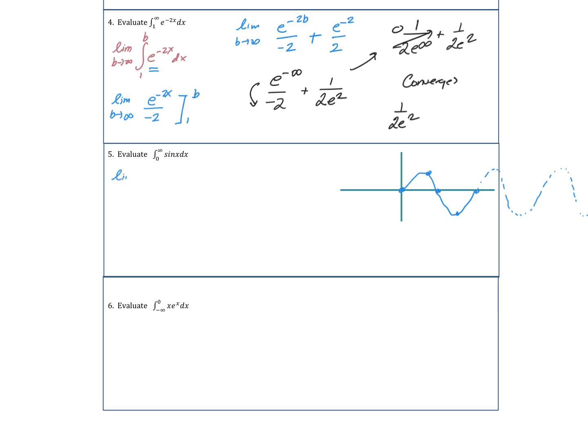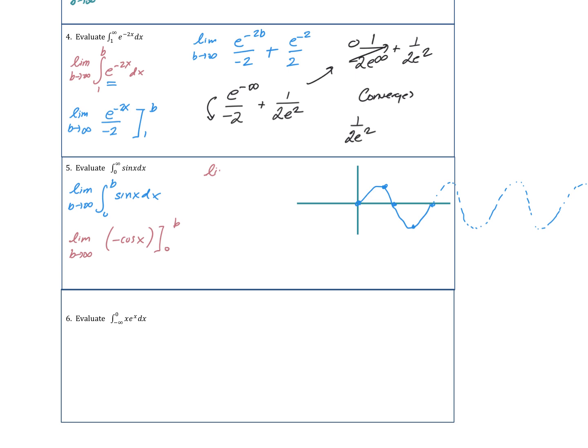So we've got the limit as b goes to infinity from 0 to b, sine of x dx. When we integrate sine, we get negative cosine. So limit as b goes to infinity, I've got negative cosine of x, and we're going from 0 to b. I'm going to plug my bounds in.